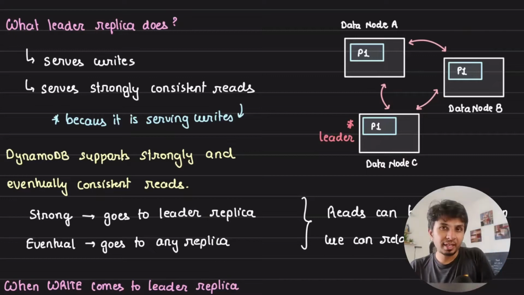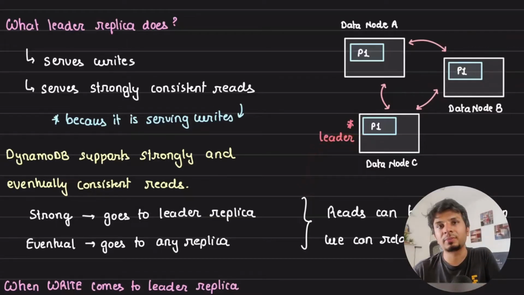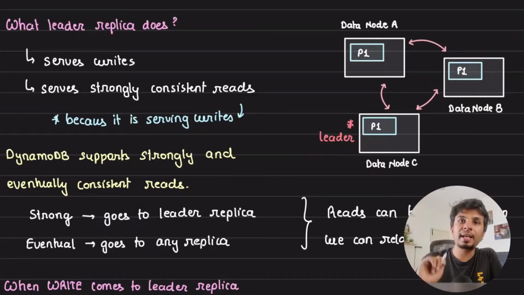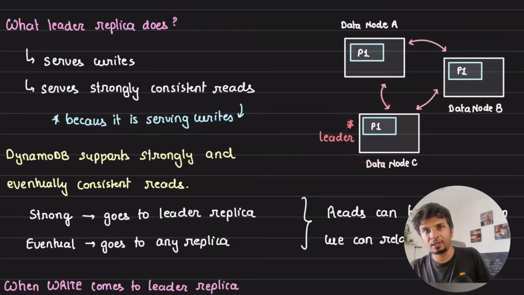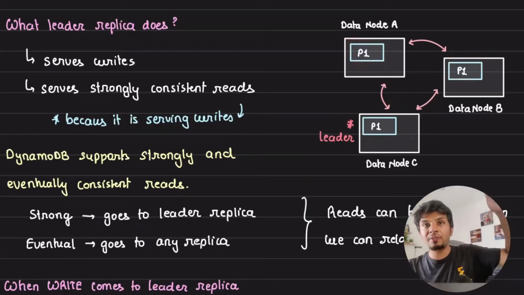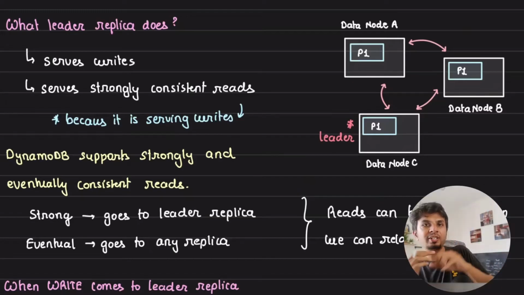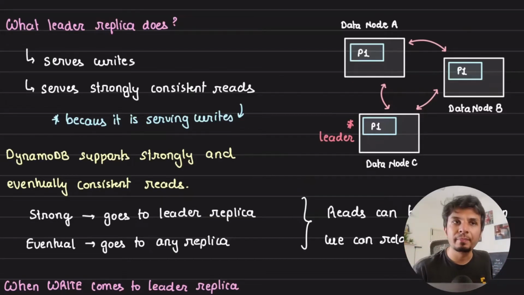But if you're requesting strongly consistent data, the read request will also be served by the same data node, the leader of the corresponding partition. Eventually consistent reads can be served by other data nodes like A and B for partition 1, but strongly consistent reads will be served only by data node C.